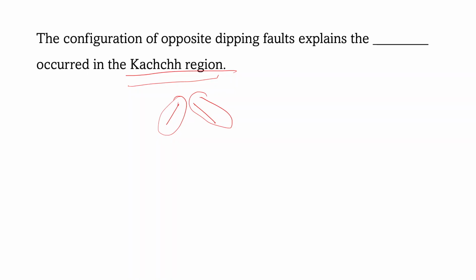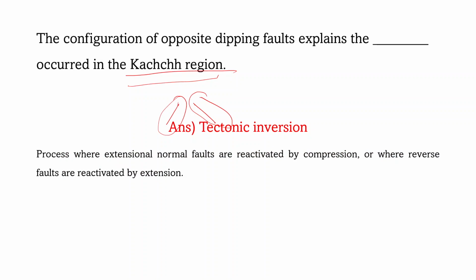Okay, so the answer is tectonic inversion. So what is tectonic? Tectonic is like something is happening with the plates, right? Tectonic inversion is the process where extensional normal faults are involved. Why are they saying it like that?